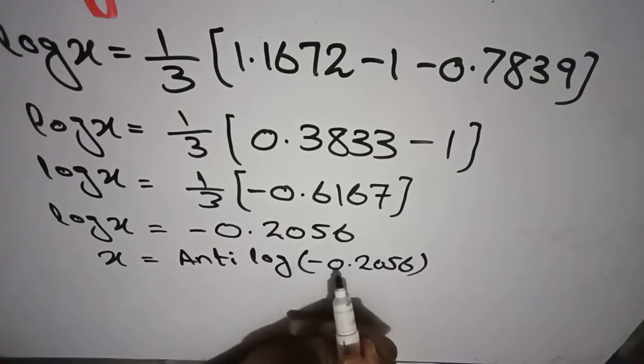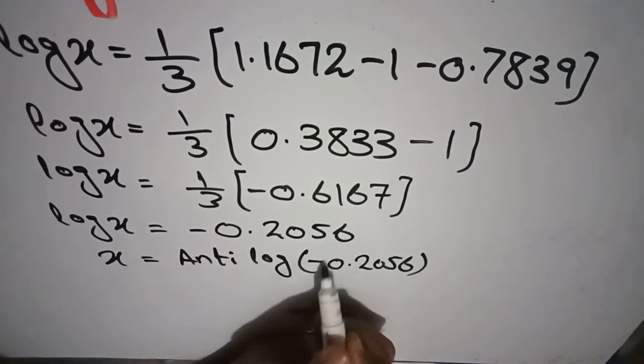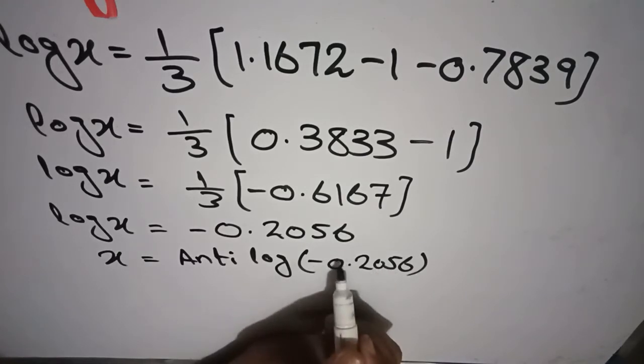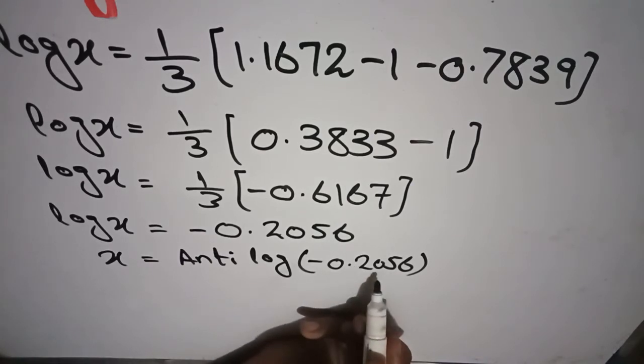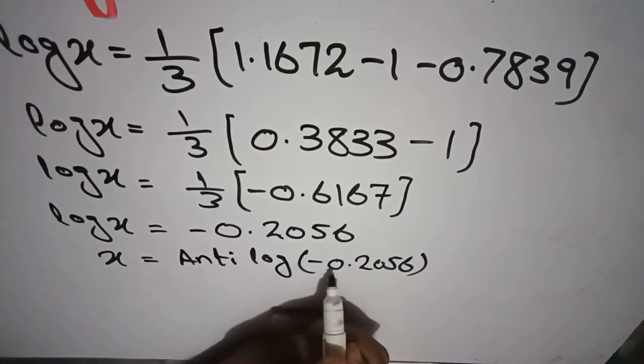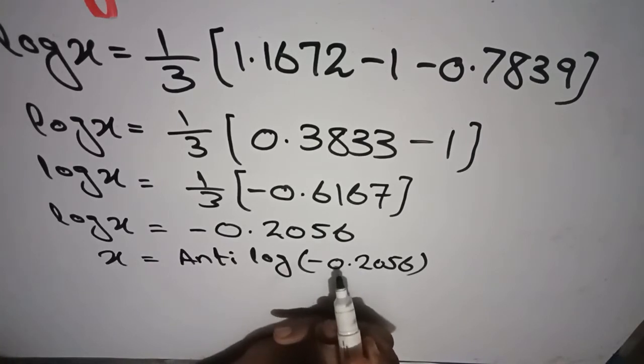So you are already aware that the first part of the value is the characteristic, and the decimal part is the mantissa. Your characteristic should be a non-zero digit. To make it a non-zero digit, we have to take a step here.